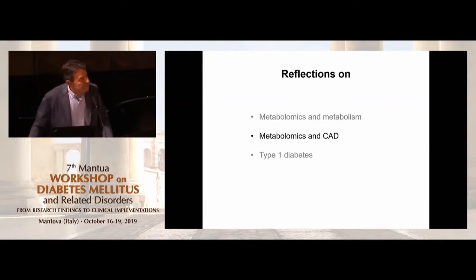Now, metabolomics and CAD. This is all unpublished stuff that I put together just for this meeting, actually, and it's to do with coronary artery disease and metabolomics. What do we know about predictors of severity, extent of atherosclerotic coronary artery disease in people?